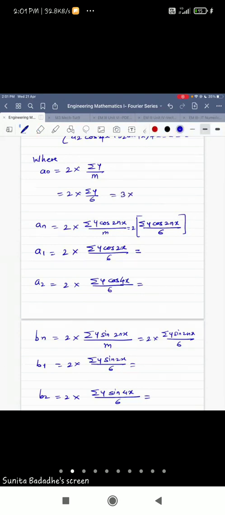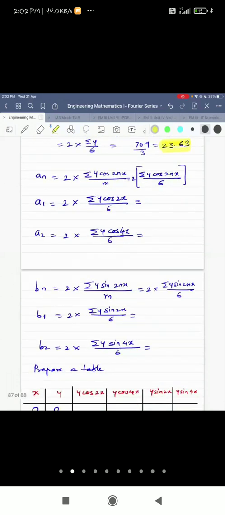So 3 into summation y is 70.9, sorry, not 3, 1 by 3 it will be, isn't it? 70.9 upon 3, that is 23.63. So this is your A naught value, right? A naught is 23.63.